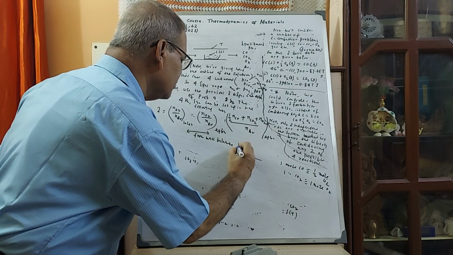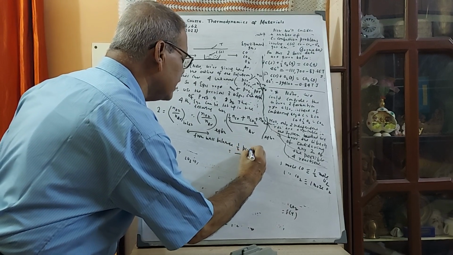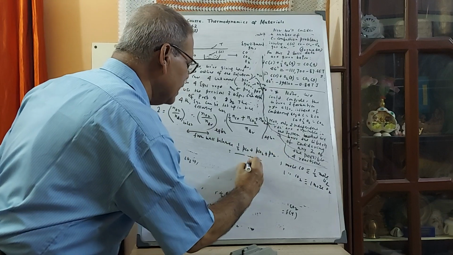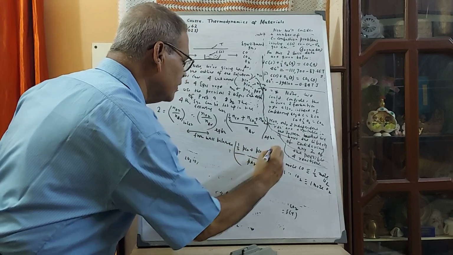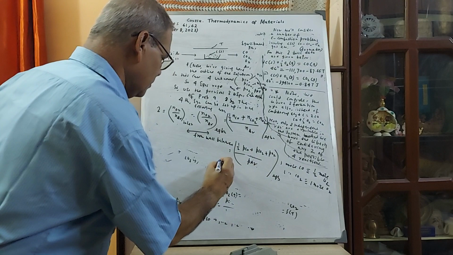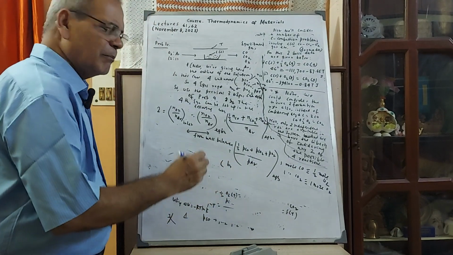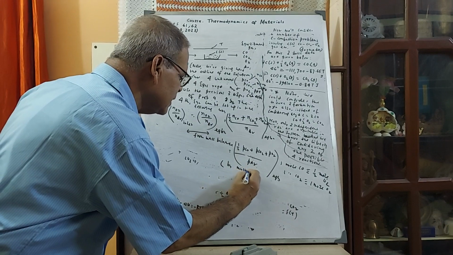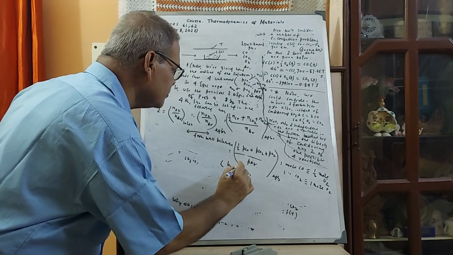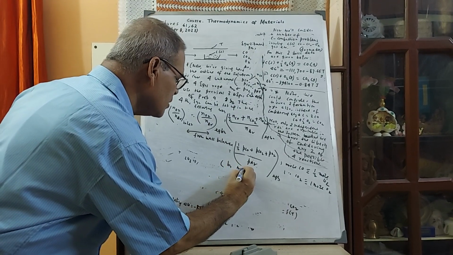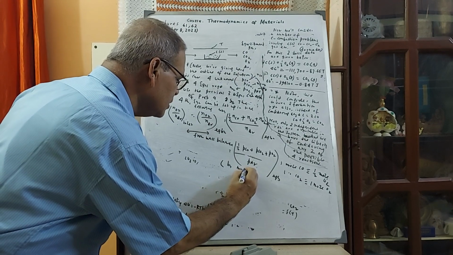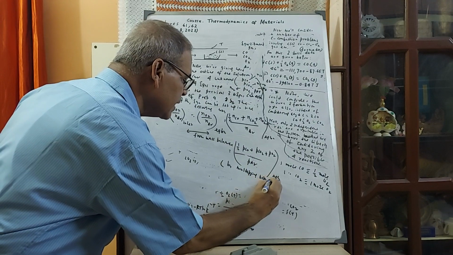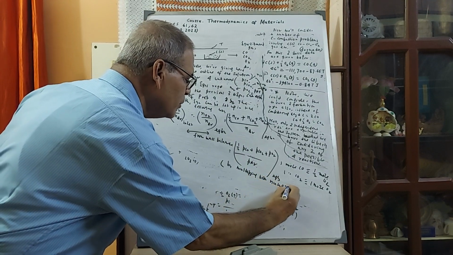I'm writing this the first time, and I will not write it later. PCO2 plus PO2 by P argon. Right? How will you get this? If you ask me, sir, how do you get this? By multiplying both numerator and denominator.